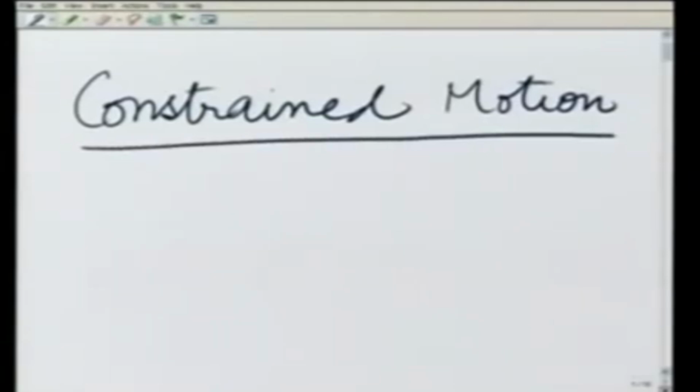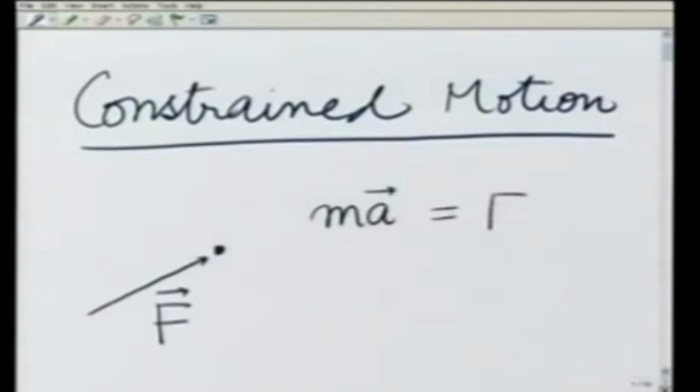Suppose there is a particle that is moving under the influence of a force F, then its motion is described by the equation of motion given as ma equals the applied force, where m is the mass of the particle and a is its acceleration.